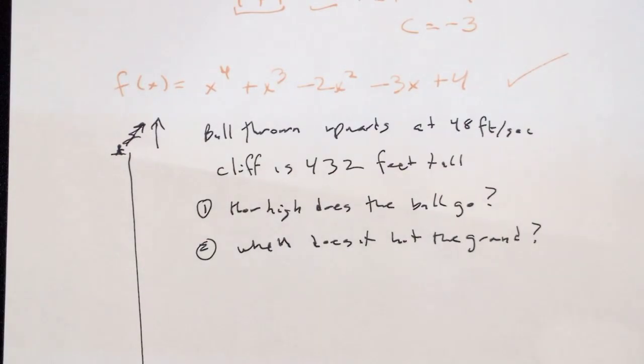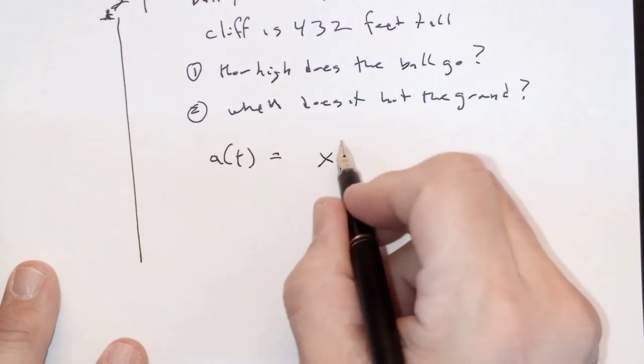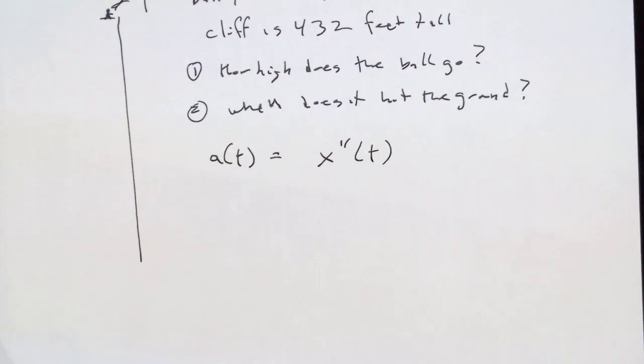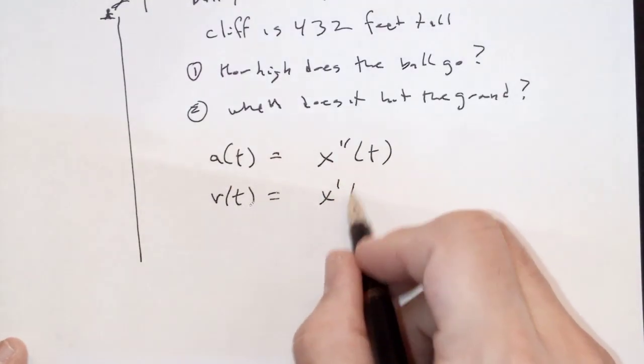Gravity is an acceleration. An acceleration is the second derivative of motion. Aha! Acceleration is the second derivative. Velocity is the first derivative.